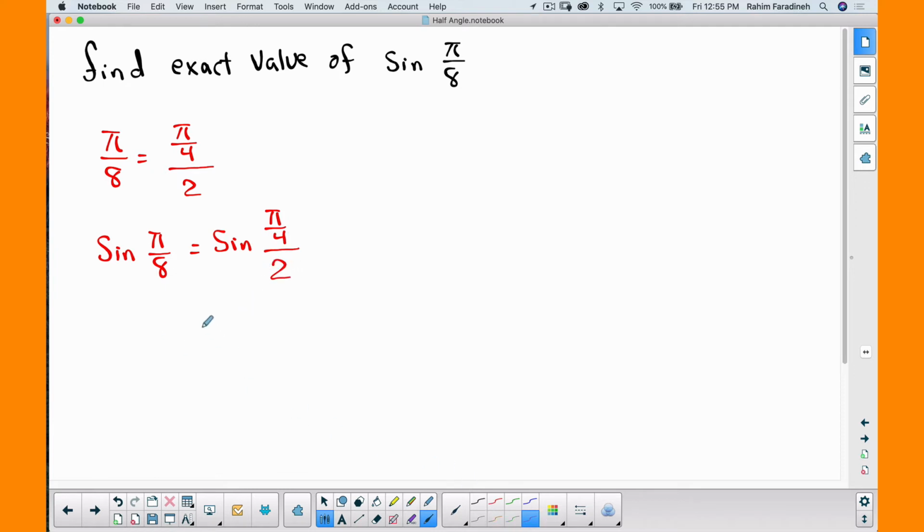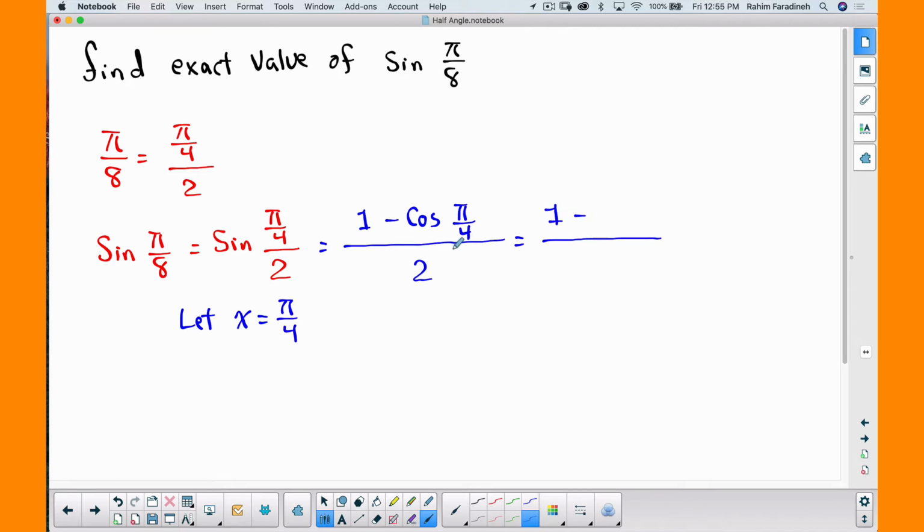So I'm going to let x be equal to pi over 4 and use the formula that we just found. So this would be 1 minus cosine of pi over 4 divided by 2. Now cosine of pi over 4 is radical 2 over 2.